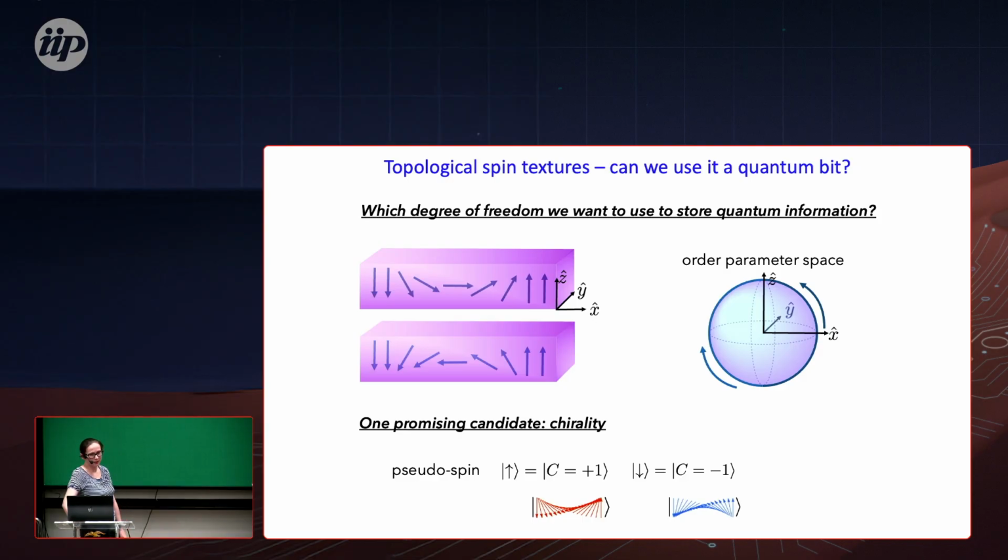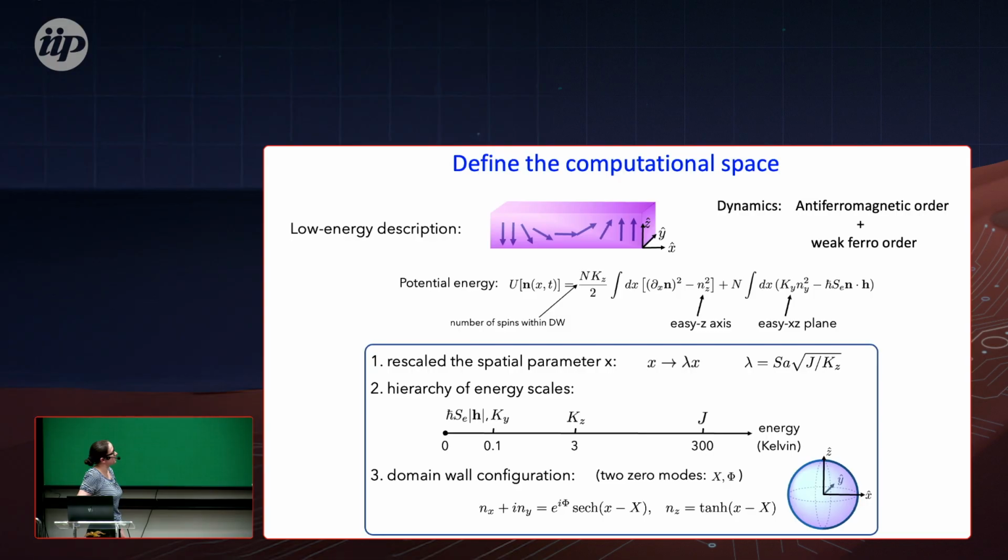Usually you assume that the spins rotate either clockwise or anti-clockwise, but if this domain wall is small, we can consider that this direction of rotation would be a new pseudo-spin degree of freedom. And if this domain wall was composed of spins 1/2 on a small scale, we can also consider quantum effects on these domain walls, and consider ways to manipulate them.